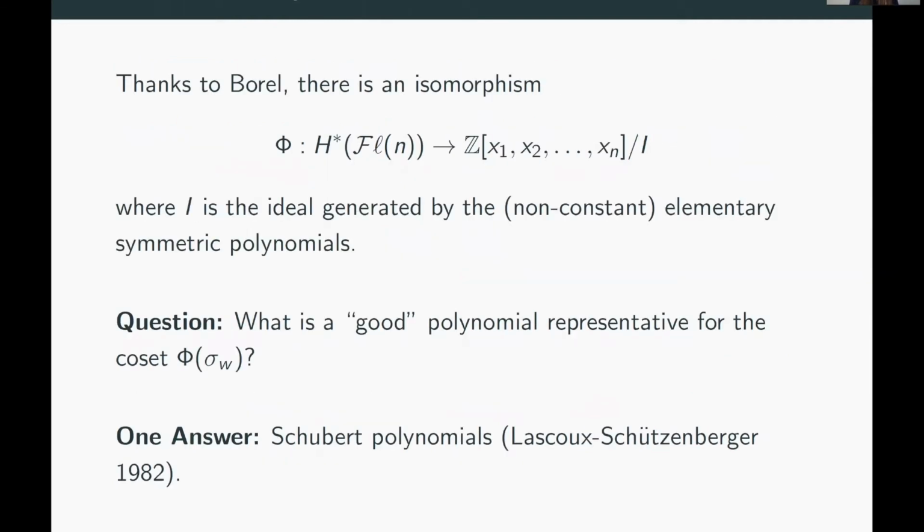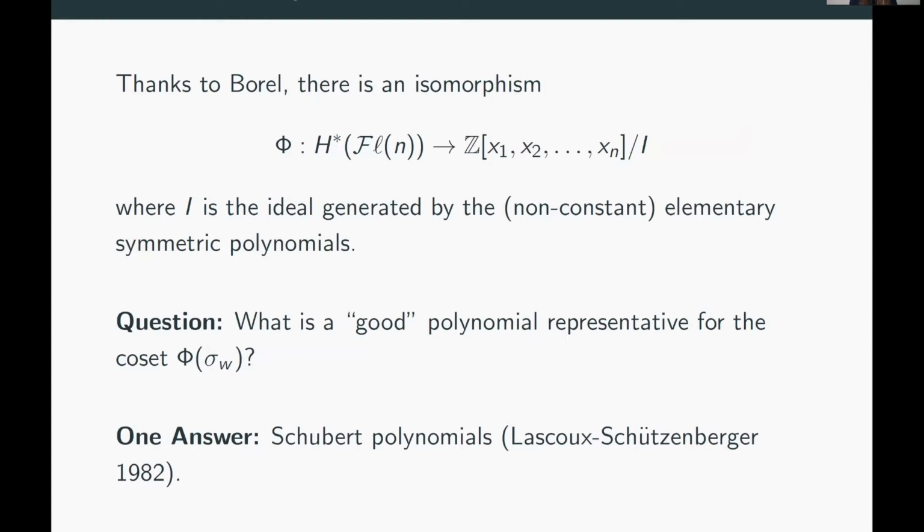If you don't want to think in terms of, say, cup products of classes in cohomology, there's good news for you. Borel defined an isomorphism that takes the cohomology of the complete flag variety to a quotient of a polynomial ring. You just have a polynomial ring in n variables, and you mod out by the ideal generated by non-constant elementary symmetric polynomials.